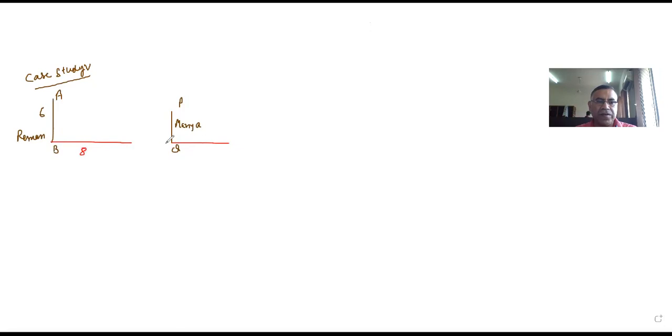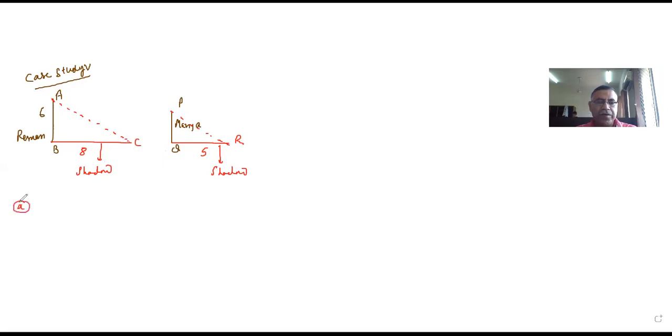So this is 8 feet, this is 5 feet. So this is shadow. This is shadow. So based on the information, we have to give the answer.